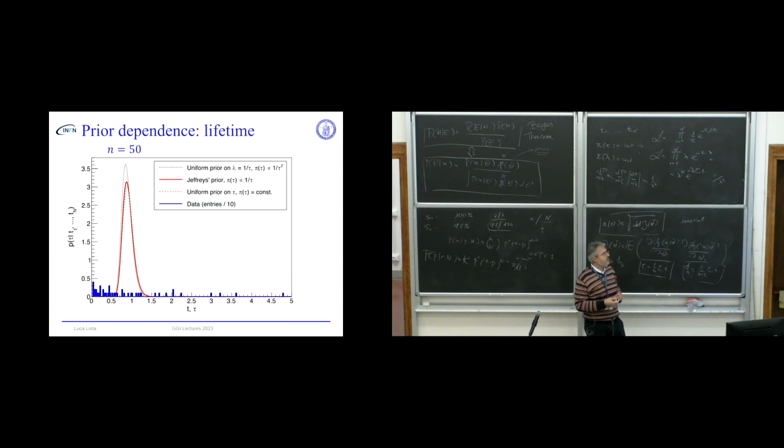I think the best way to do it is to run your analysis up to the final measurement, and then, for instance, you quote how much the final value and the uncertainty interval change according to the prior. So this depends exactly on what you do with this posterior distribution. If you extract an upper limit, or if you quote a central value with some uncertainty, I would run all the way through the end of the analysis and quote the different results depending on how much we reasonably change the prior.